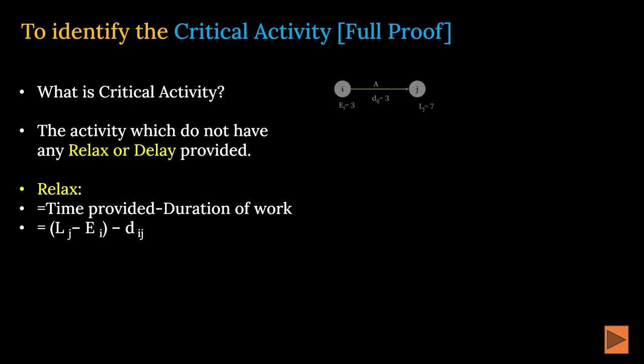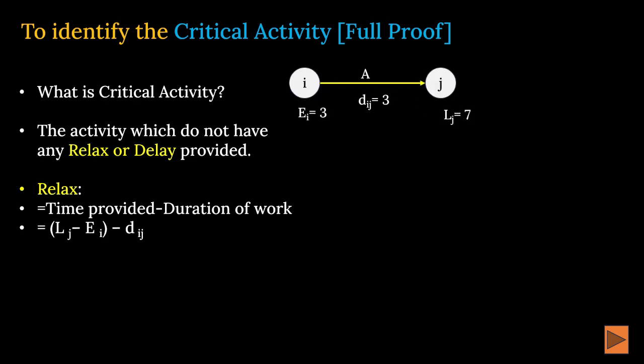Depending on that, let us take one example. The activity A starts on the ith node and finishes on the jth node. Duration dij is 3, the earliest start time is 3, the latest finish time is 7. So what is the time provided?